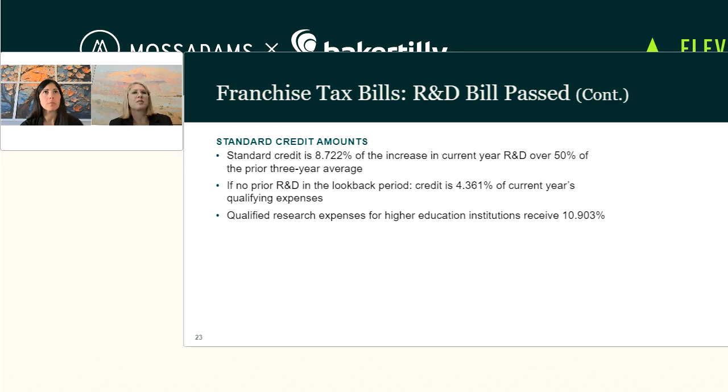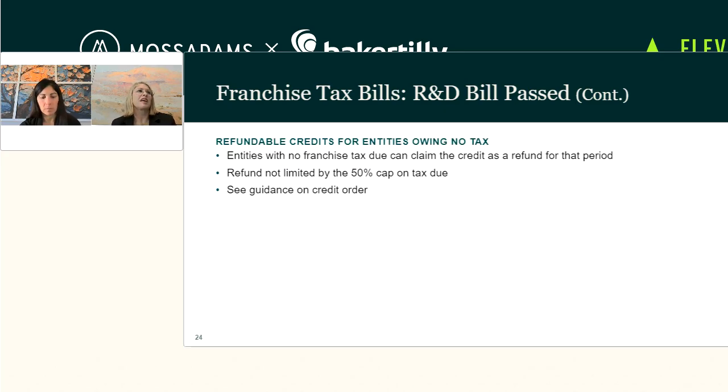There are a few nuances depending on if you're certain parties. And then there is a cap of 50% of the tax due. There's also a carryback period that applies. Another item that Texas published was some guidance on the order of applying credits if you have various ones. So just a lot of guidance, I think, that's going to be out there.